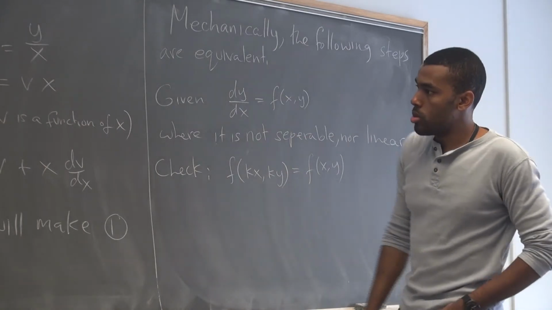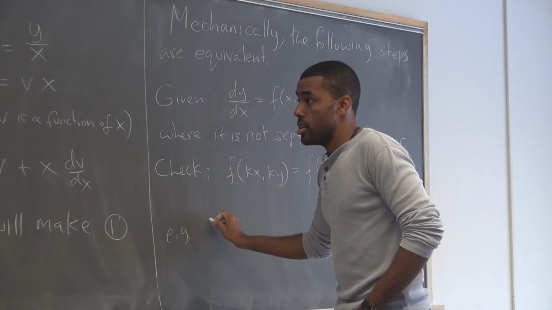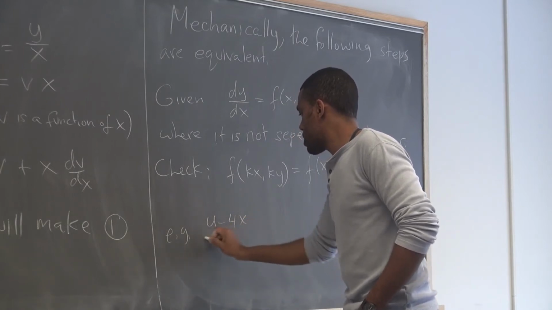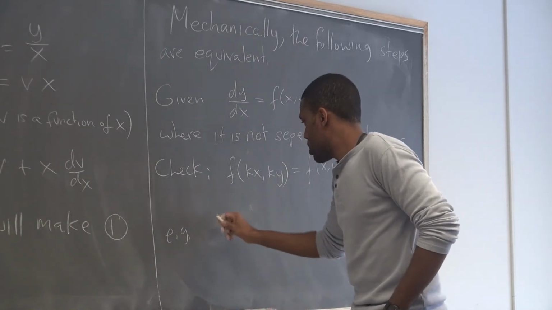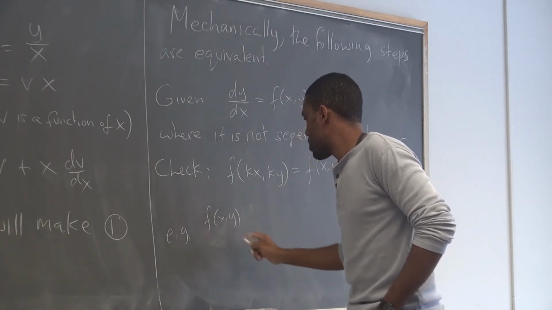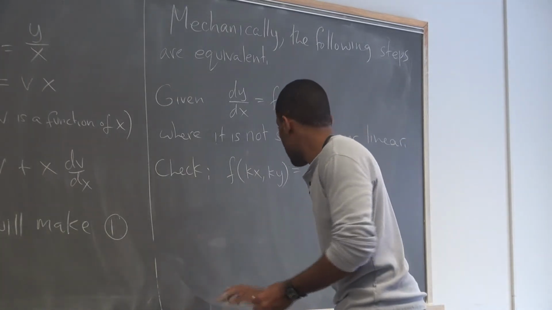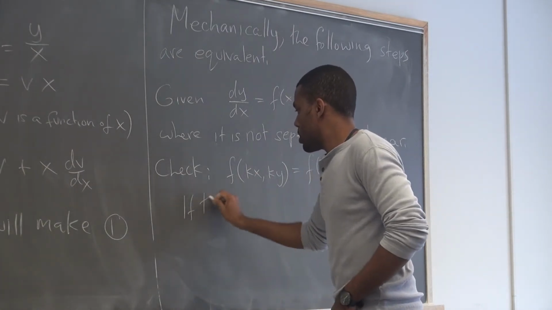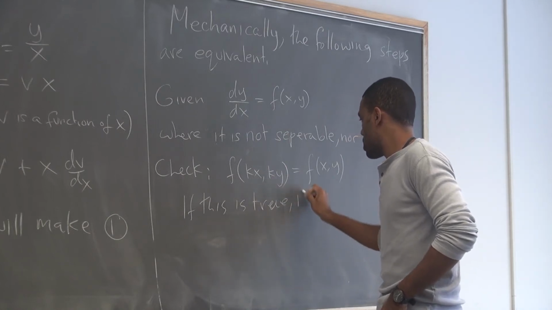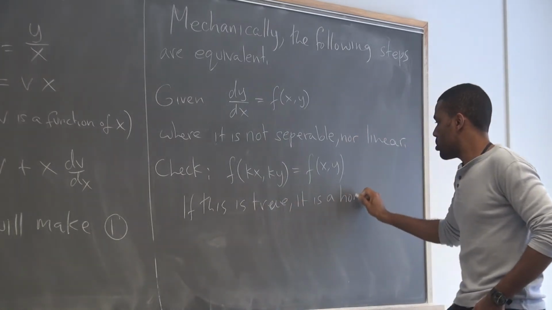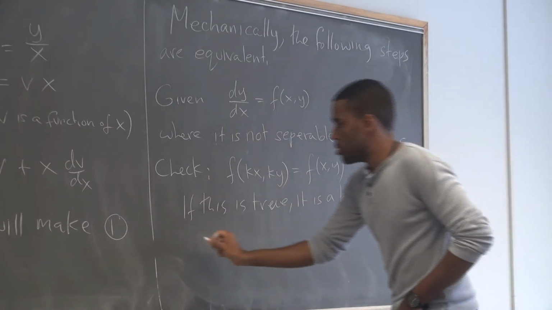So, for example, if I had y minus 4x over... if I take f of xy, let me write that down first. If this is true, it is a homogeneous ODE.